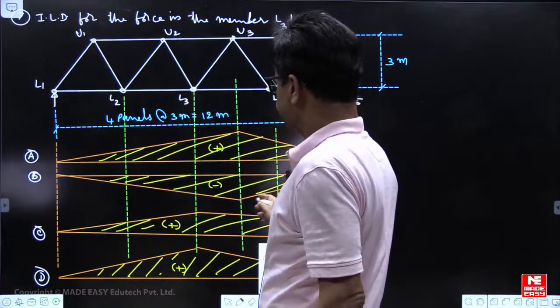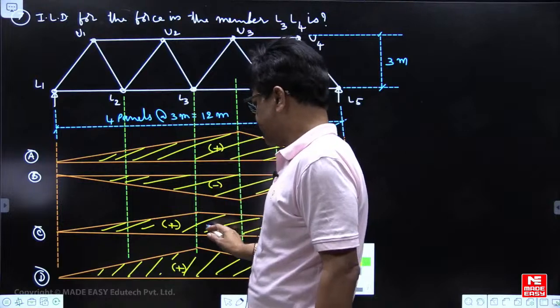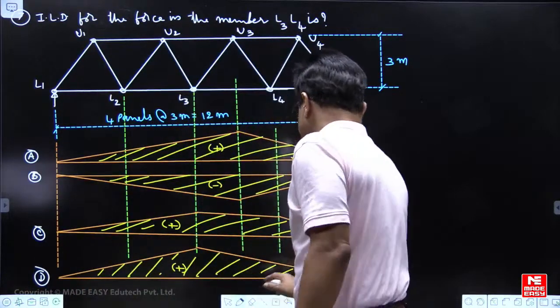Now, they have given tension. This is compression, tension, tension. Negative indicates compression.